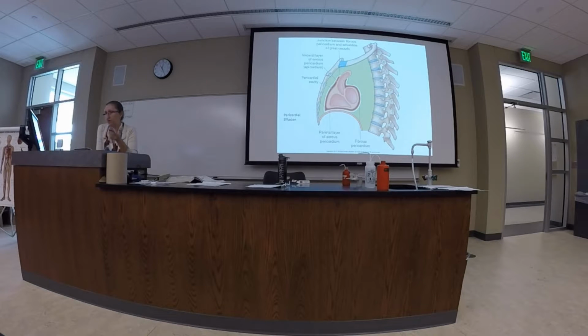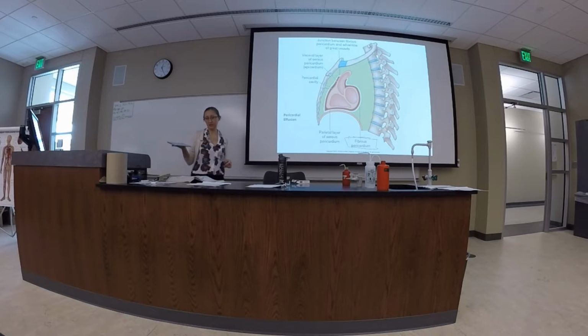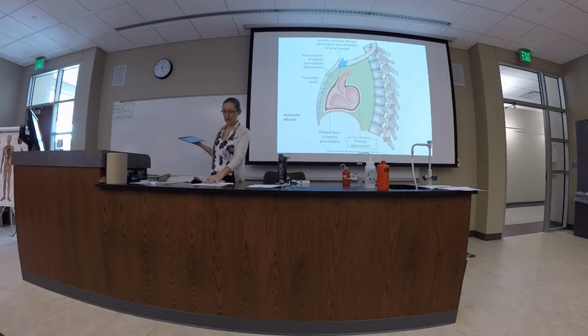So we have basically 3 layers to the pericardium. We have the fibrous pericardium on the outside, which is a tough fibrous connective tissue layer. And that is connected to the sternum via the, make sure I get the name correct, sternal-pericardial ligaments.